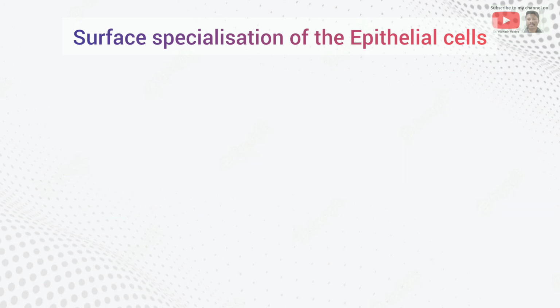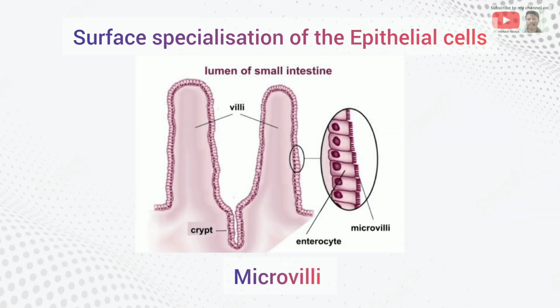First we'll discuss the microvilli. Microvilli are finger-shaped extensions arising from the apical surface of epithelial cells. Their main function is to increase the surface area of epithelial cells, and they are found in epithelia specialized for absorption, for example, the small intestine.